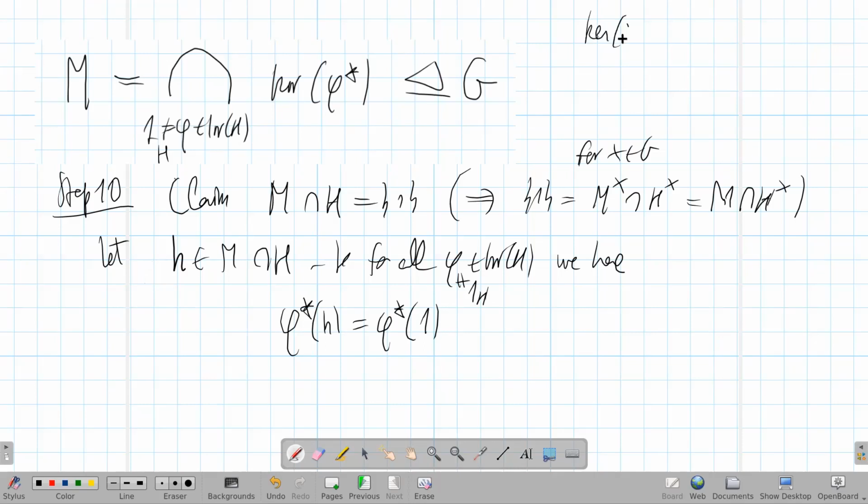So the kernel of a character is all elements, let's call it t, because I don't want to specify the group, such that chi of t is equal to chi of 1, the degree. And recall that this was a little proof involving a lemma on roots of unity. This is just the kernel of the associated representation, okay?